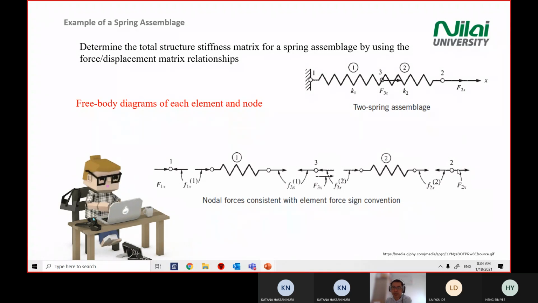So what you do here, you look at the 5 diagrams, 1, 2, 3, 4, 5, and then you start with something that you are sure of. In this case, we are very sure that at point number 2 the force to the right is confirmed. So you draw F2x to the right first.